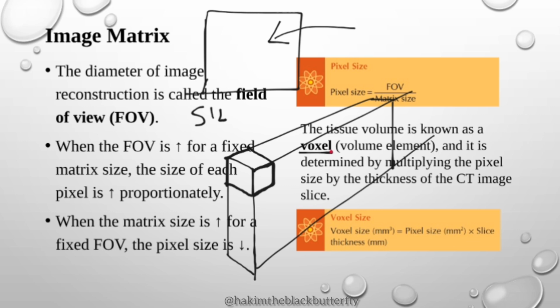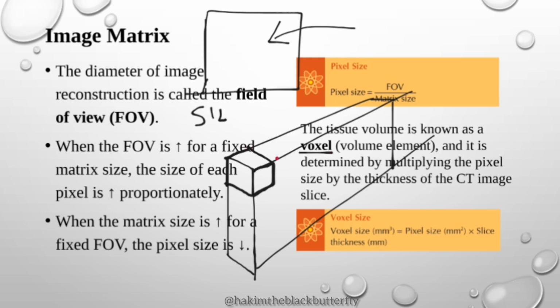Now, why is it that with smaller thicknesses you have a lot of noise in the image? It gives us a better spatial resolution, but you have a lot of noise. Smaller thicknesses mean that they have few photons of X-rays in them.